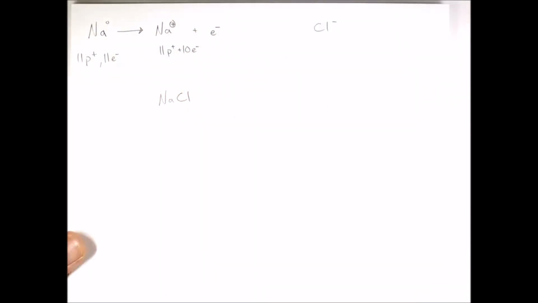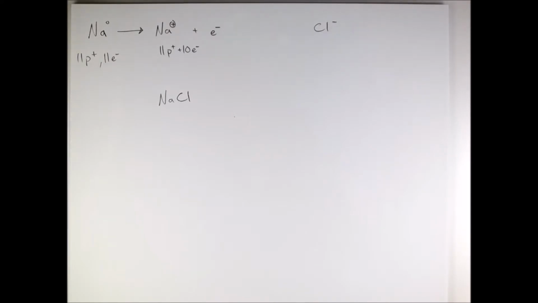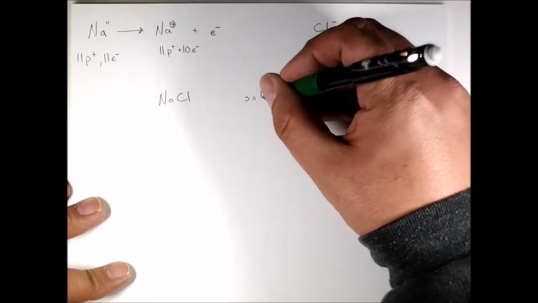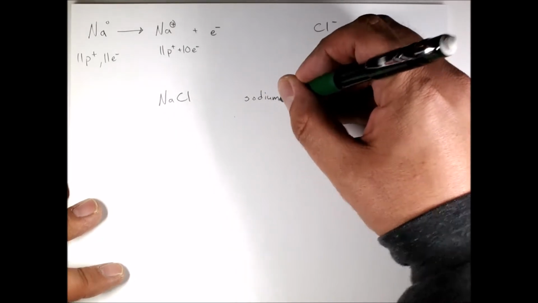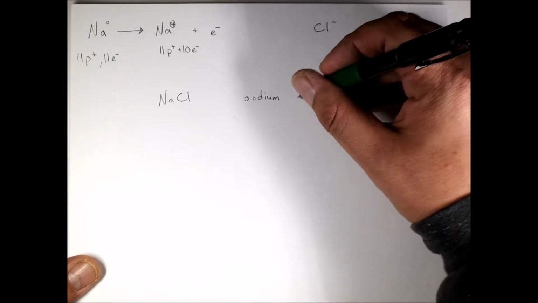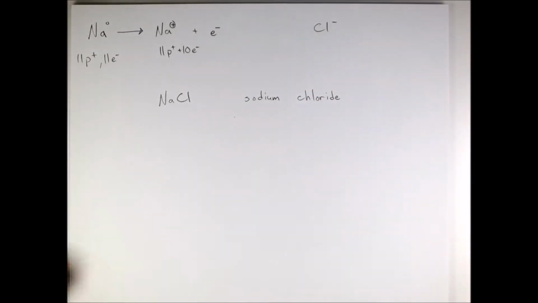It works out where we need one of each, because one's a +1, the other one's a -1, so overall at 0 if we have one of each. To name this, you state the name of the cation or the metal, sodium, and then we have the chloride ending, very similar to what we had before.